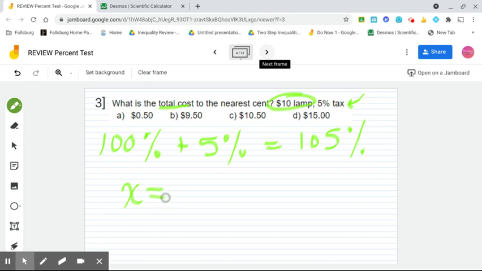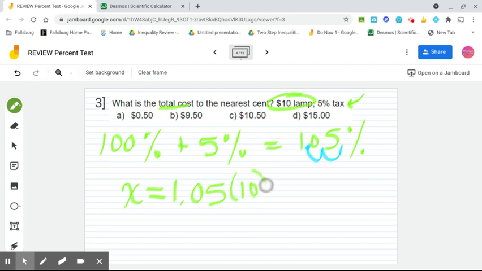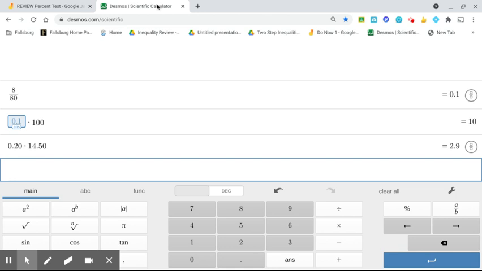So we're going to have x equals, well, the percentage, you want to move the decimal 2 to the left. You want to change the percent to a decimal. So we get 1.05 times 10. So we're going to go to our calculator and plug that in here.